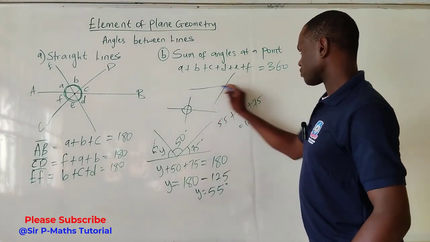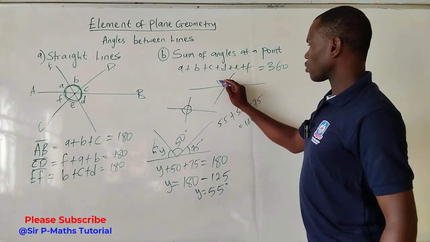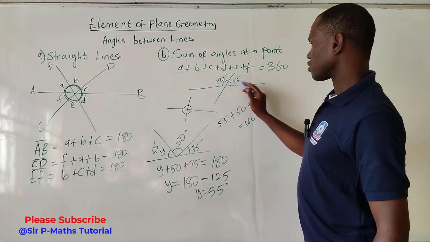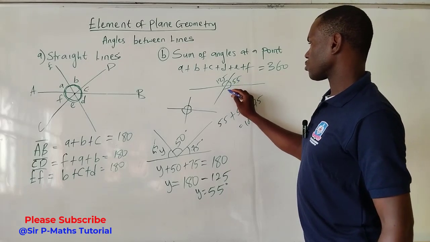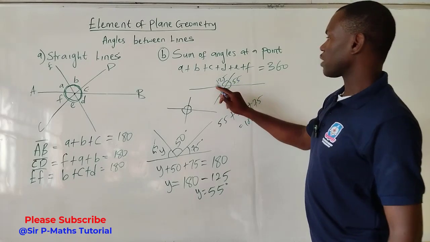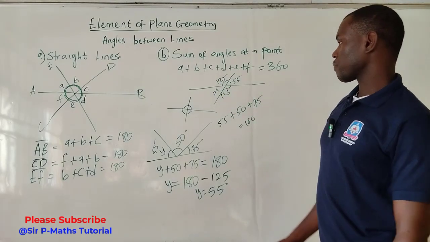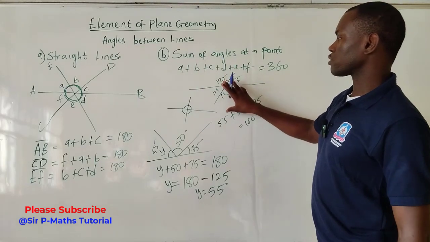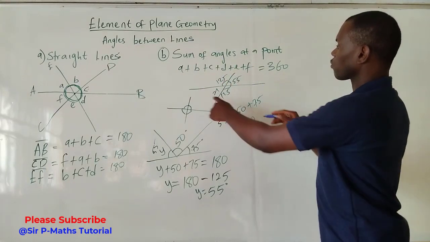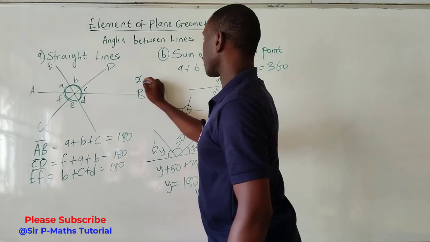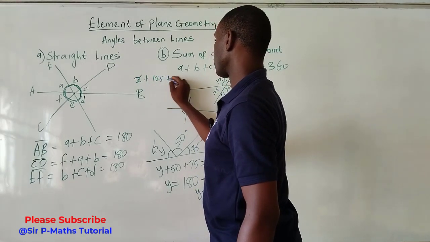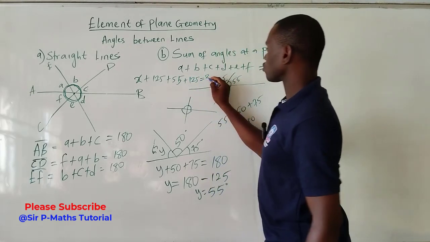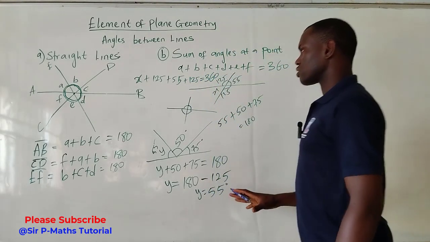Consider this diagram now. If here is 125 degrees and here is 55 degrees, let's assume here also is 125 degrees. Find the missing side, x. Using this concept, the sum of angles around the point will give us 360. Of course, what we'll do is say x plus 125 plus 55 plus 125 all equal to 360 degrees.